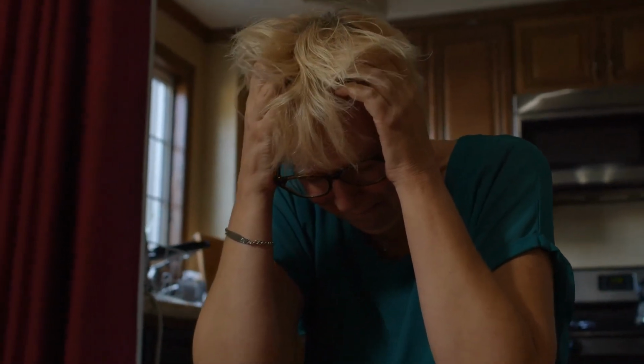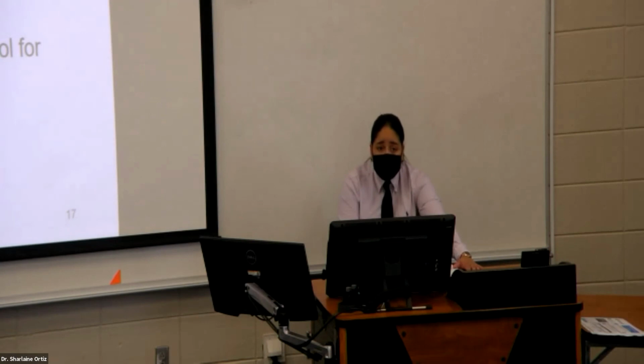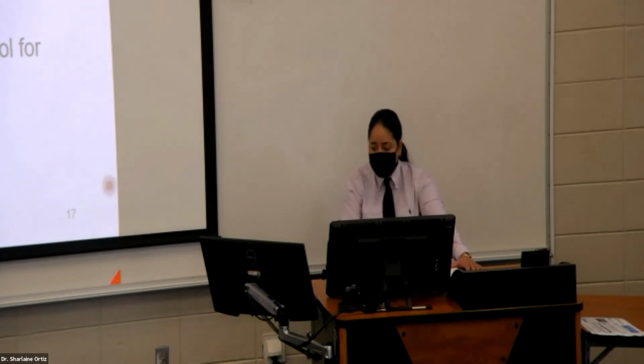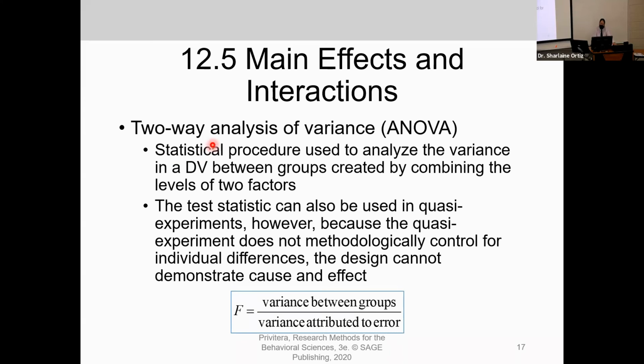Because perhaps that will be considered unethical and illegal. So because of that, I am unable to control for that individual difference. So sure, I can measure with a T statistic, but can I truly control for it? And because I cannot control for it, the quasi-experimental approach cannot be used to determine and demonstrate cause and effect.